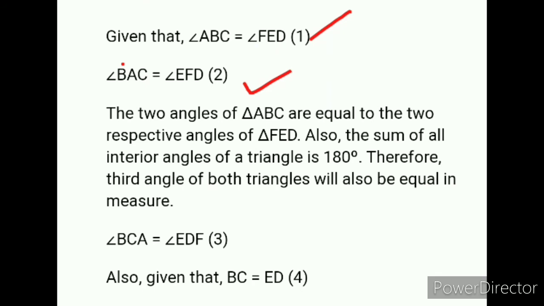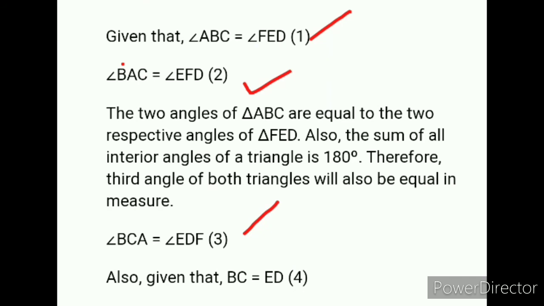This is the explanation: two angles of triangle ABC are equal to the two respective angles of triangle FED. Also, the sum of all interior angles of a triangle is 180 degrees. Therefore the third angle of both the triangles will also be equal in measure. Therefore this angle is equal to this angle, that is BCA equal to EDF.